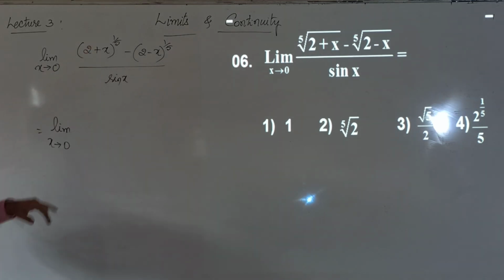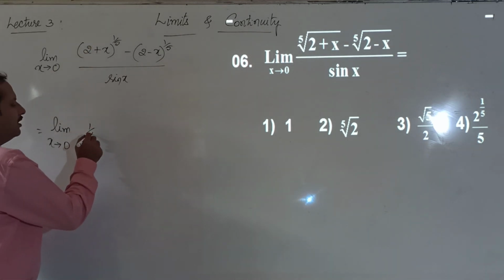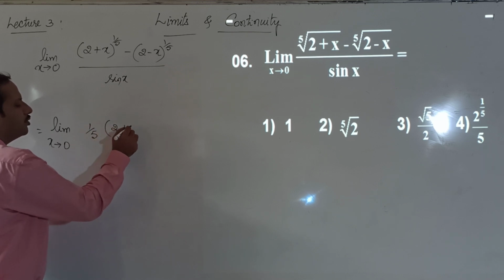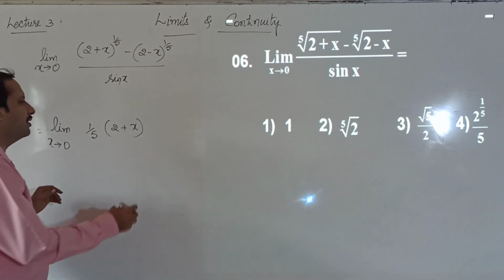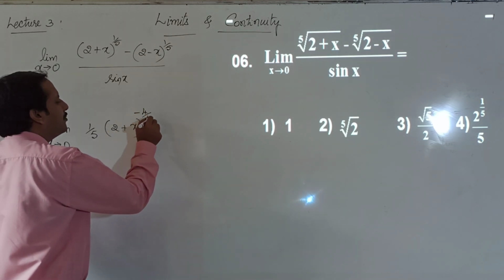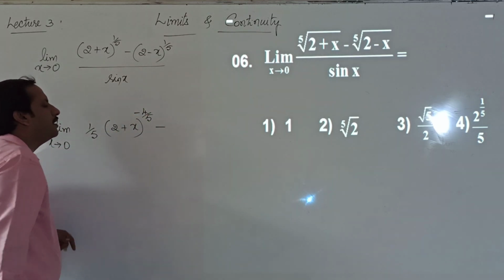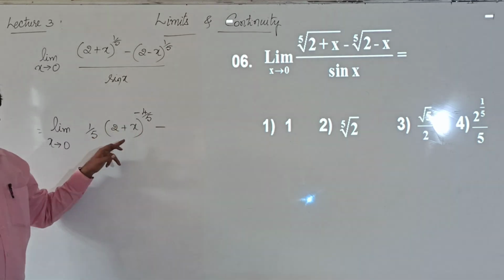Derivative of (2 plus x) whole power 1 by 5 will be 1 by 5 into (2 plus x) to the power 1 by 5 minus 1. 1 by 5 minus 1 is minus 4 by 5, into the derivative of 2 plus x.